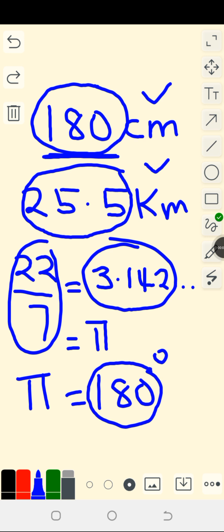So all of these I've listed for you are given as what? Some examples of some types of numbers. 180 centimeter, the height of a boy.